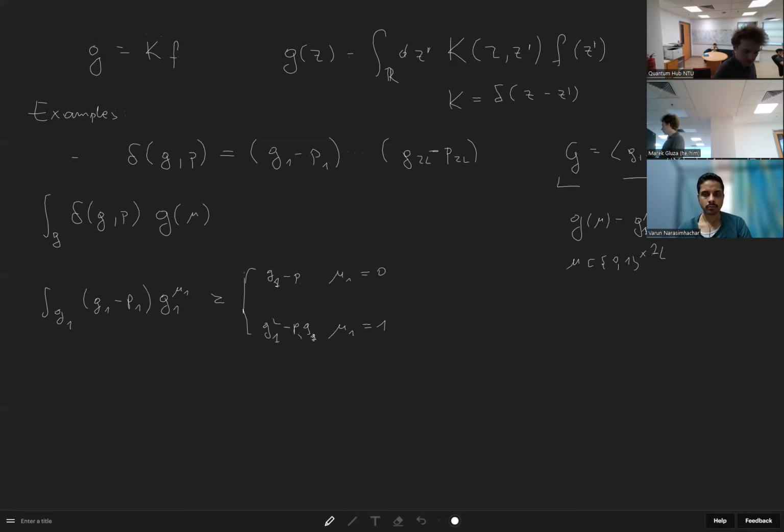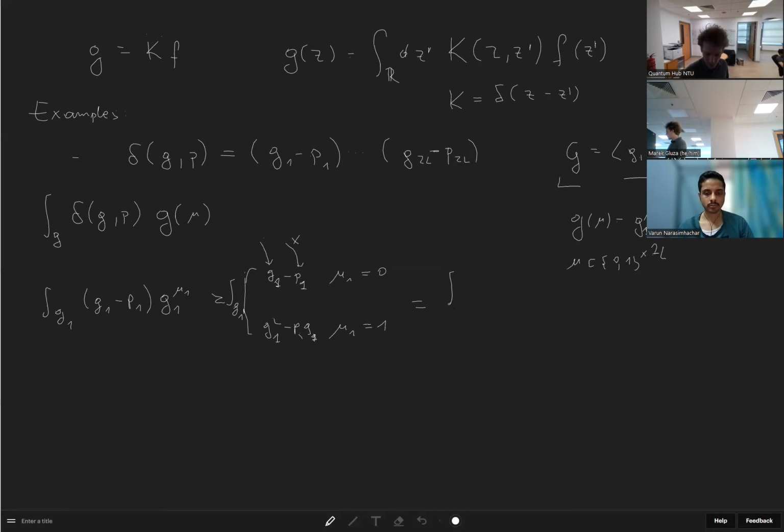And then I have to integrate both cases. The point is that here I'm missing the Grassmann number, so integrating this against G1 will give me 0, and this will give me 1. So in this case, I will get 1.